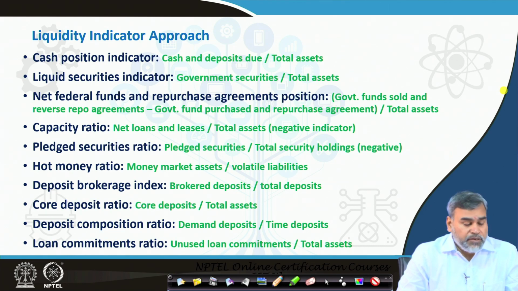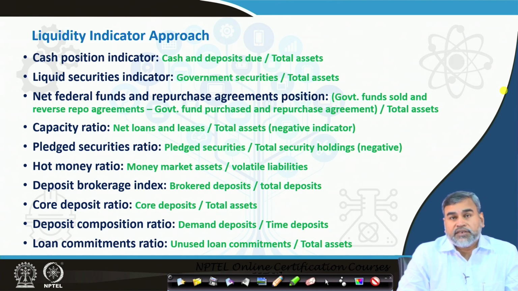Then we have the loan commitments ratio, which is nothing but the unused loan commitments, which are not yet realized, but the commercial bank has committed that the loan will be disbursed on future dates. If this is more, then current liquidity is not getting affected, but the future liquidity position is getting affected.